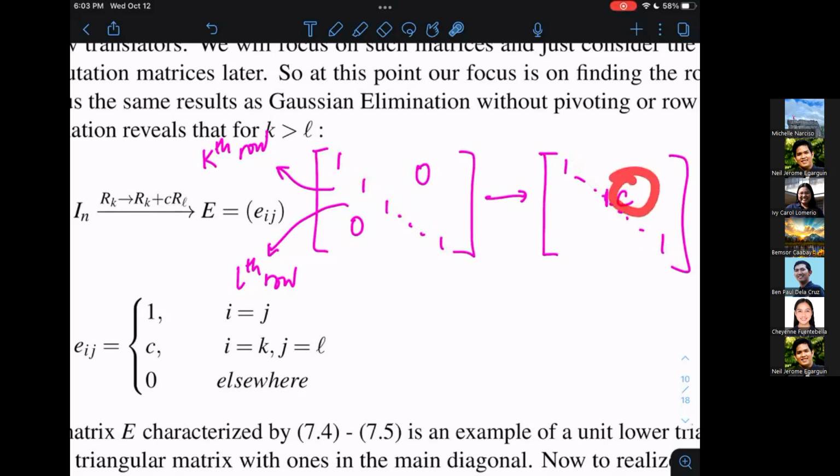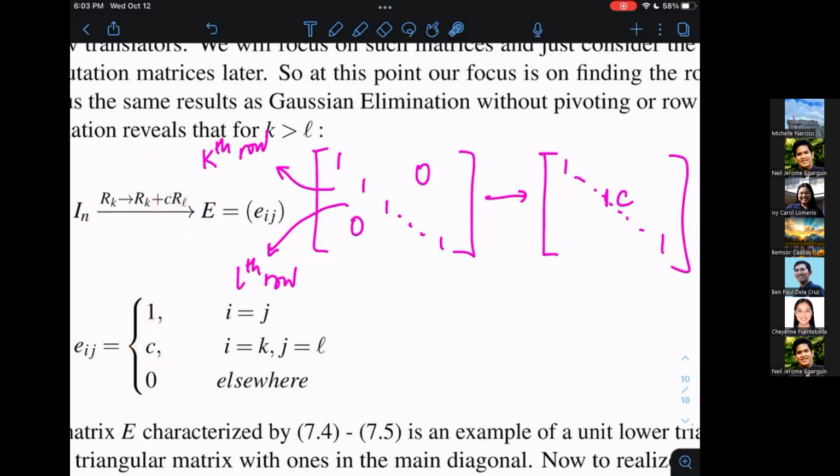Tapos nagkakaroon ka lang ng isa pang non-zero entry which represents the scalar multiplier to the lth row. At alin yung nababago? Nandoon siya sa kth row and lth column. So meaning, the elementary matrix corresponding to this row translator is the identity matrix except that the entry on the kth row and the lth column ay replaced by the scalar multiplier doon sa ating row operation.